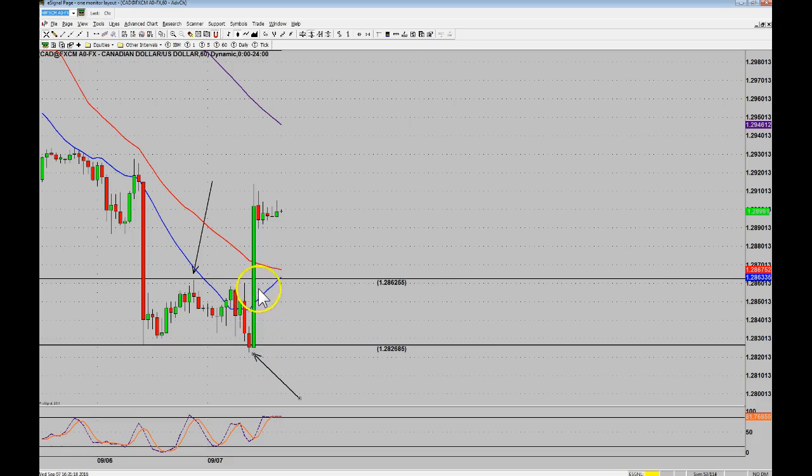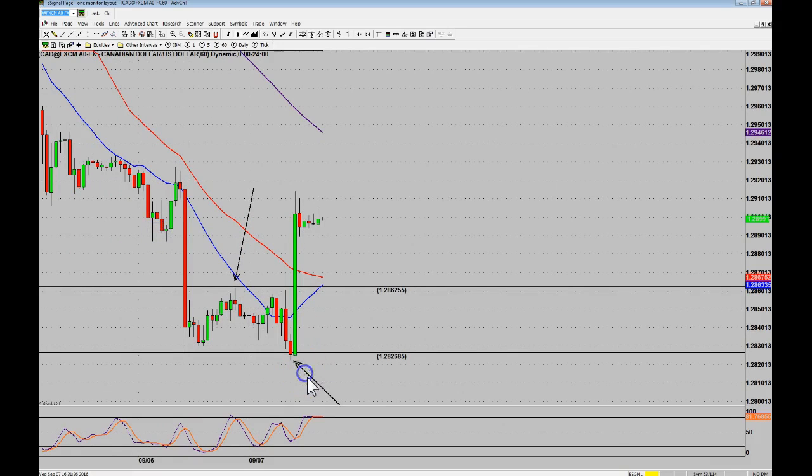And then you see this gigantic hourly buy bar. It's the exact reversal of everything we've looked at until now. This bar is highly indicative of higher prices to come. How long does it take? Well, I don't know. We could go sideways like this for quite some time, all right?